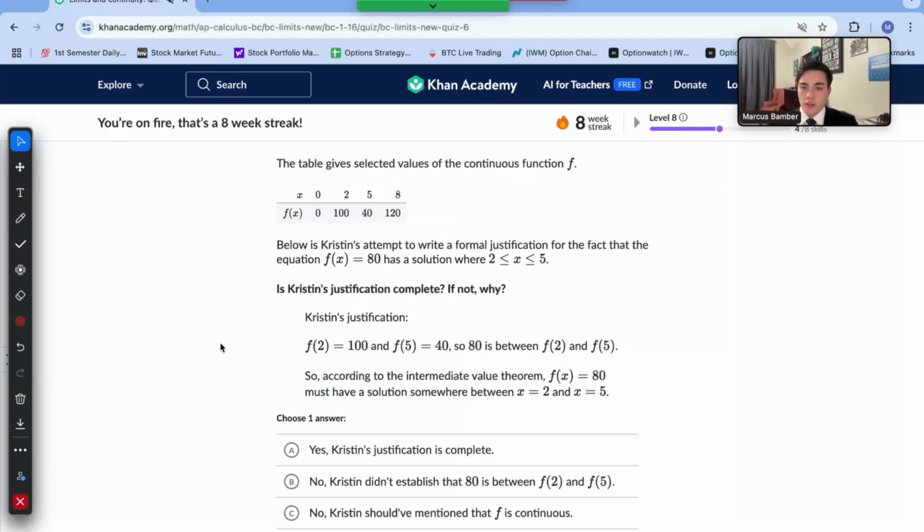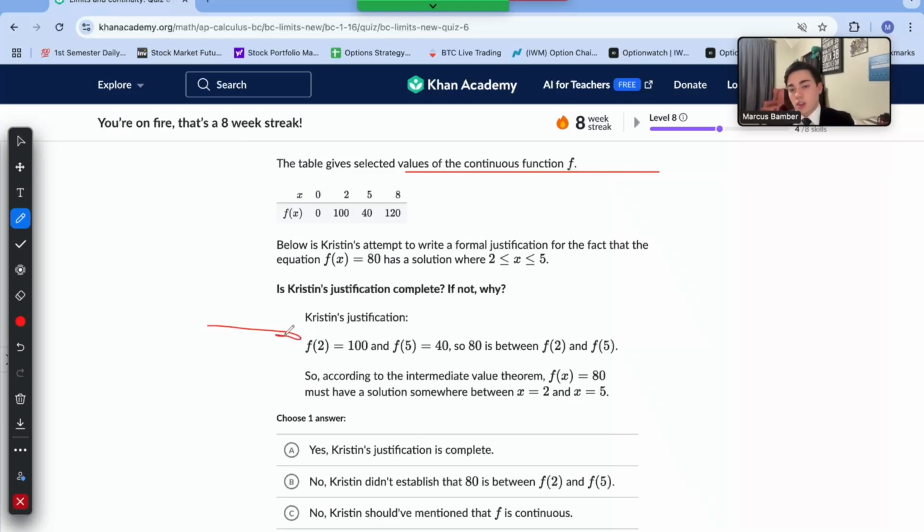Okay, another justification. Remember, continuous, and we need to prove that the value we're looking for is in between the two y values corresponding to the x values in the interval that we are given. Okay, let's take a look. It gives selected values of the continuous function. Alright. Even though it says it, in our justification, we still need to mention that the function is continuous.